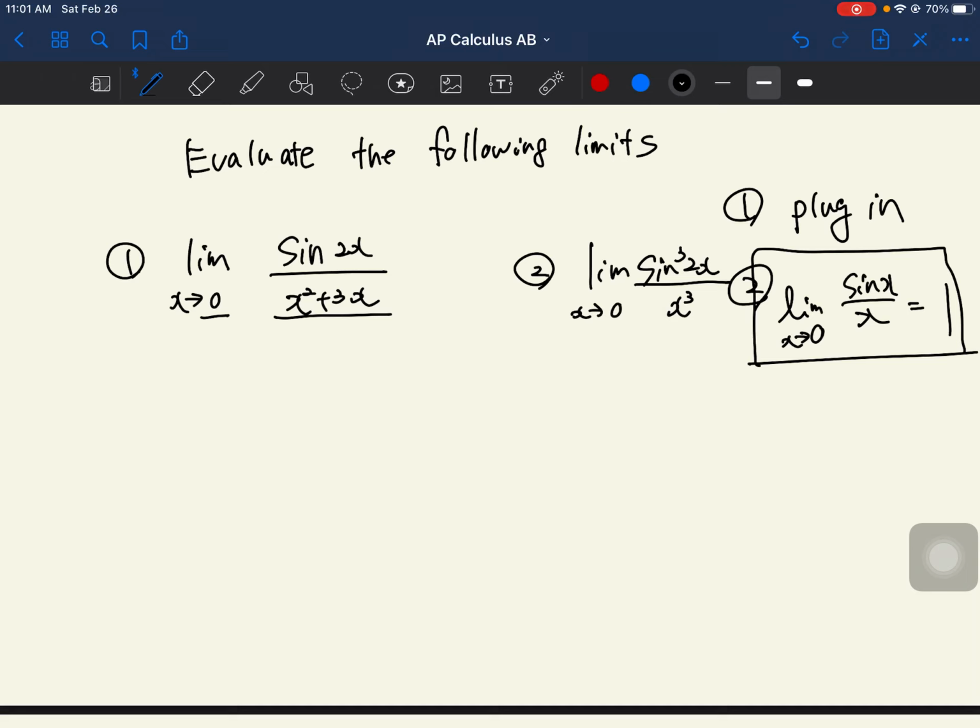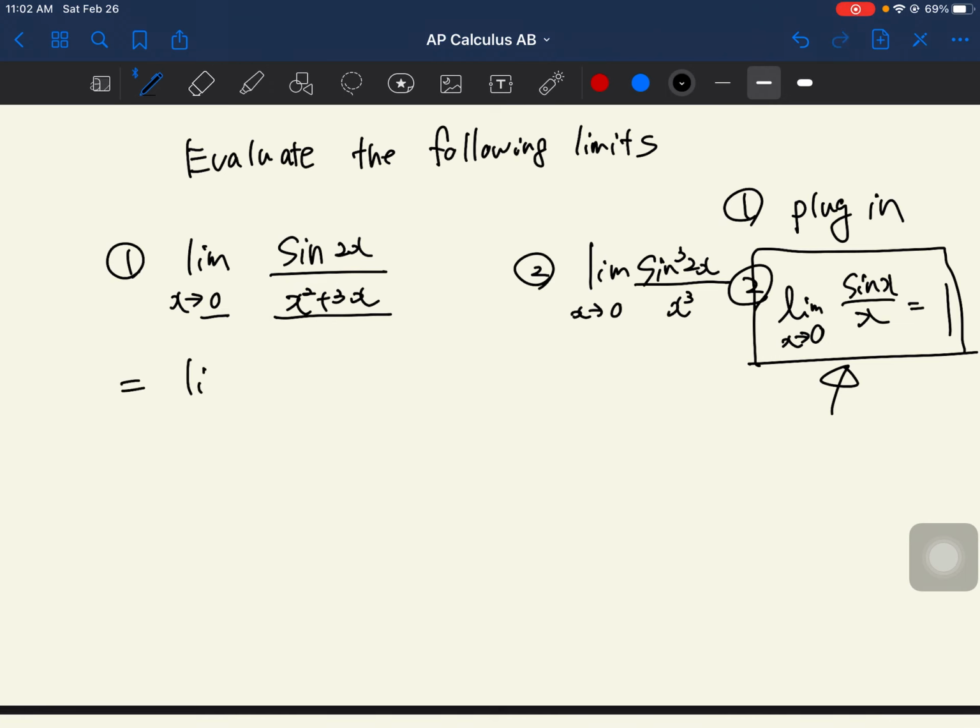Probably this would be useful. You need to know this equation, otherwise I don't think you can solve this question. So this is a really important equation, okay? So probably it looks like you can use this one, even though the function is a little bit different.